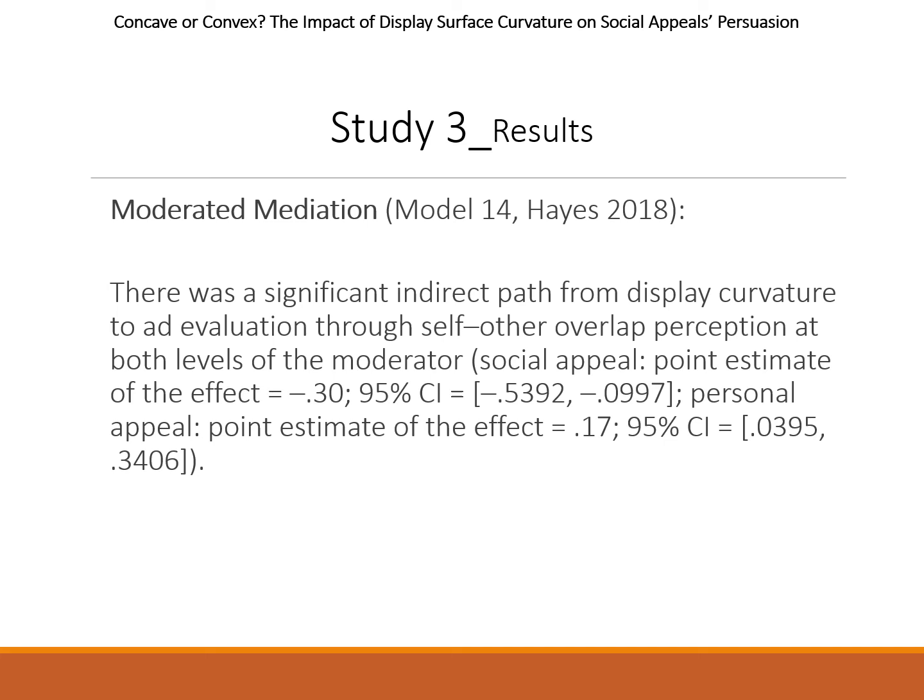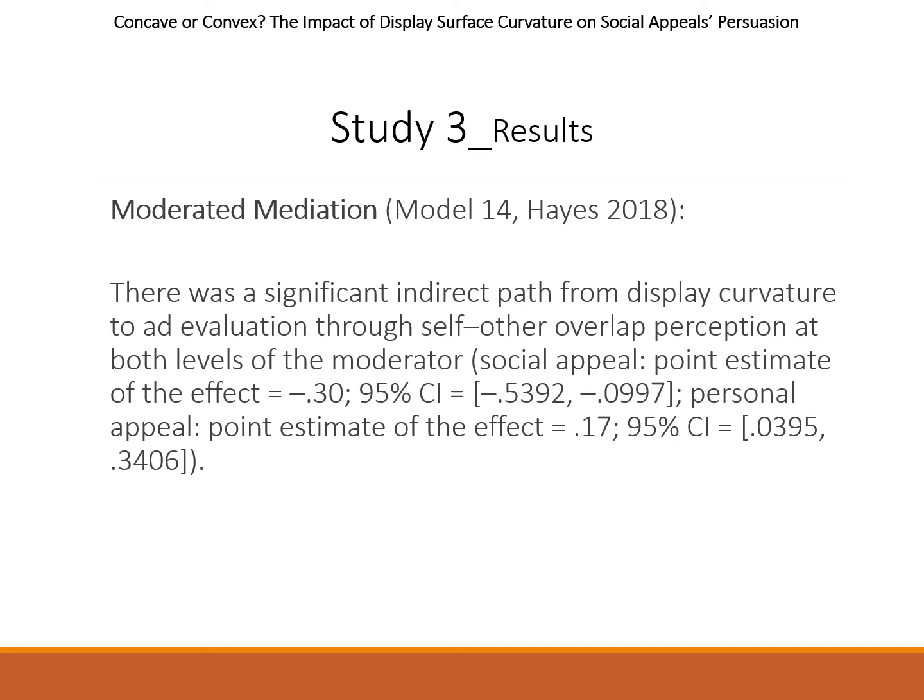We also sought to provide additional evidence for our conceptual framework by testing a moderated mediation effect. That is, the effect of display curvature on persuasion was mediated by self-other overlap perception, and the relationship between self-other overlap perception and persuasion was moderated by appeal content.